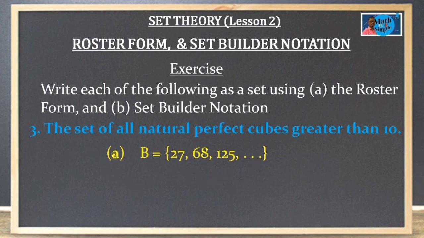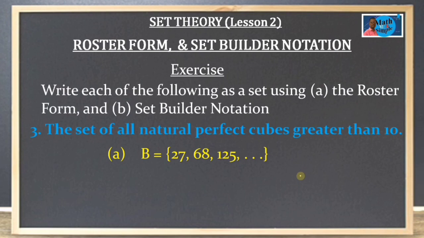And for B, to write this in the set builder notation form. Okay, so for the set builder notation, our variable is x, but we are going to use instead x cubed because the problem is talking about a perfect cube. So the variable will be x cubed. And the condition is that x must be a natural number. And the limit will equate x cubed to 27.